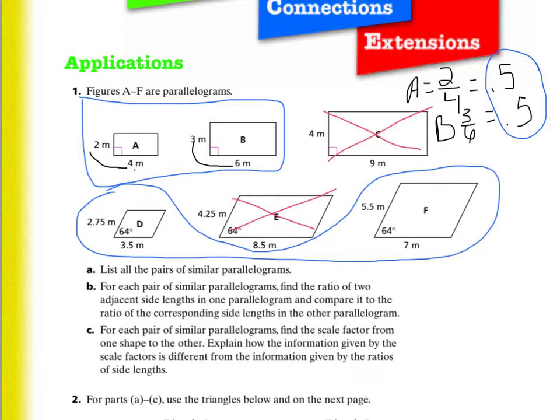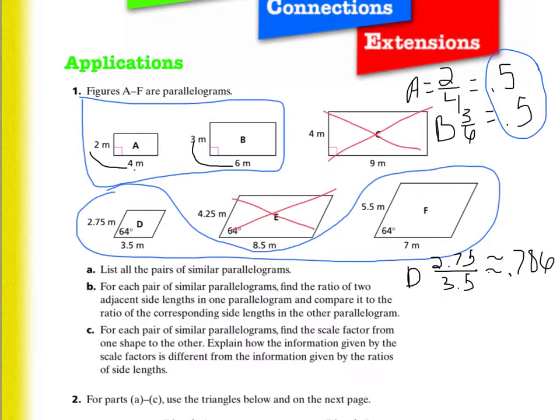Okay, so let's do it for D and F. For D, 2.75 over 3.5 is going to give us approximately 0.786. Okay, so that's approximate.